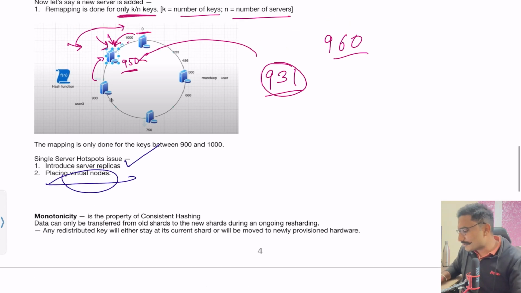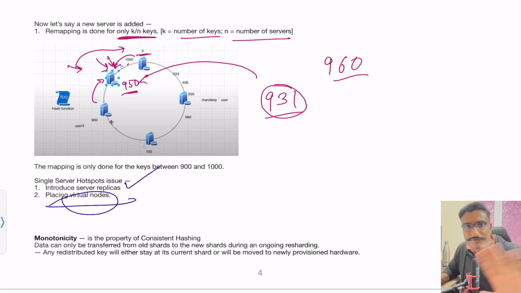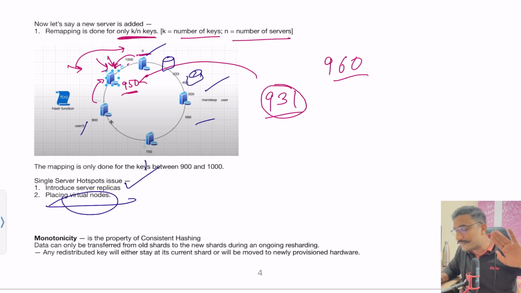So the idea is simple. You have your physical nodes fixed, say 4 physical nodes, and you have your virtual nodes in place. Virtual nodes are mapped to a physical node only, but they are assumed to be placed here.